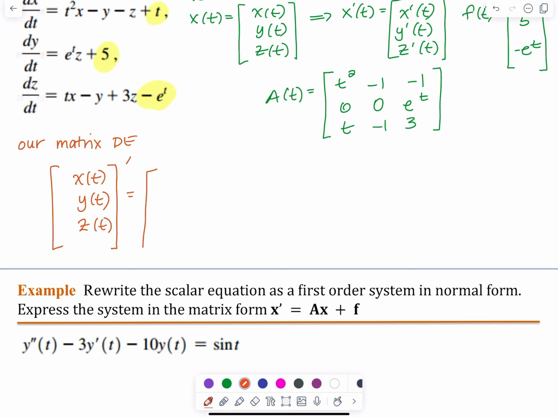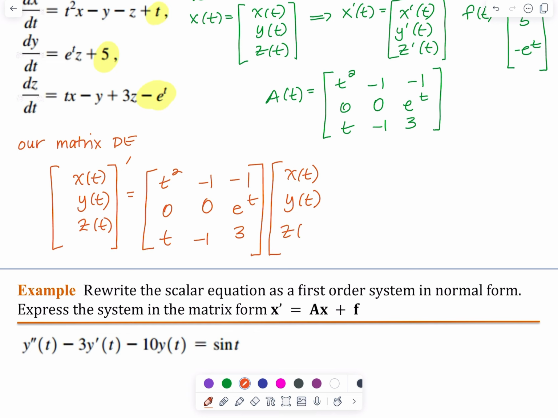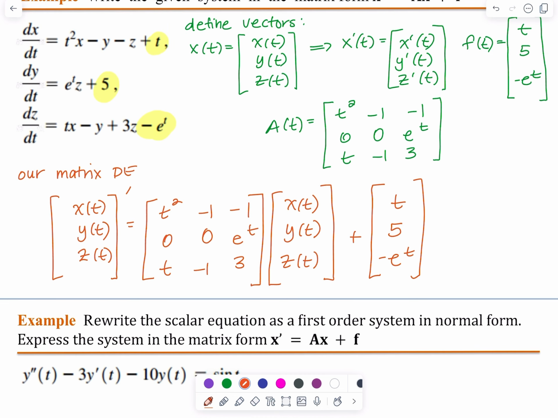There's our matrix A. Here's our x vector. Of course, you could verify that this equation is equivalent to this original system by performing matrix multiplication and addition.